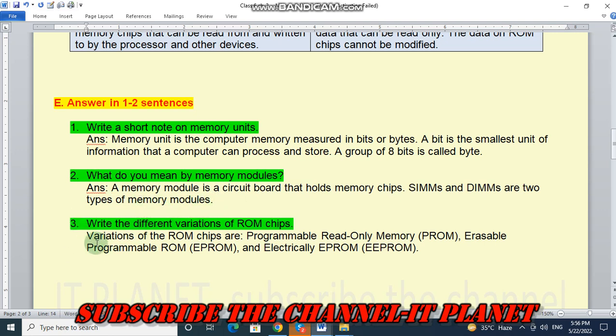Then question number 3. Write the different variations of ROM chips.